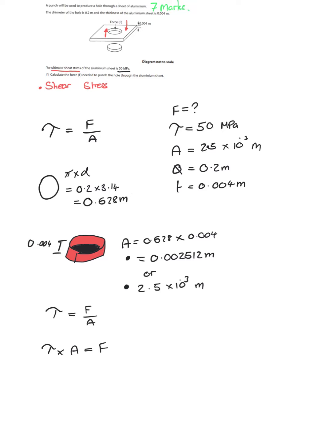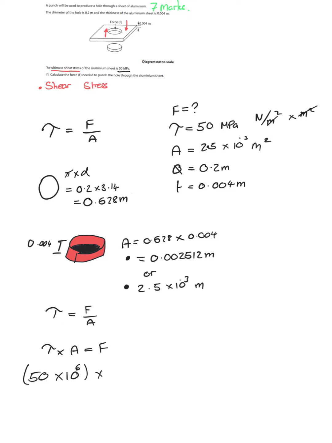So megapascals are the same as newtons per meter squared. When I multiply that by meter squared, I'll just be left with newtons. So 50 megapascals. Now be careful, when you see that capital M in front of a unit, you need to remember that's mega and it stands for times 10 to the power of 6.